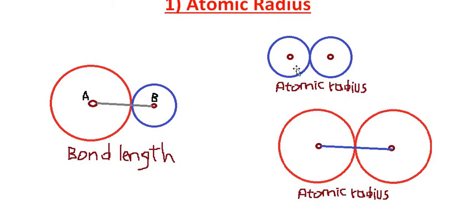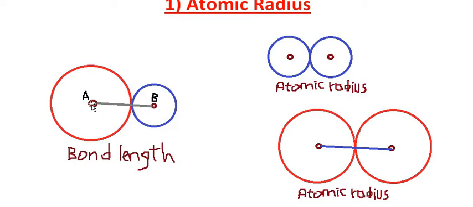If you have two similar atoms and measure the distance between the two nuclei, which are the centers of the two atoms, and divide this distance over 2, you get the radius of the atom.